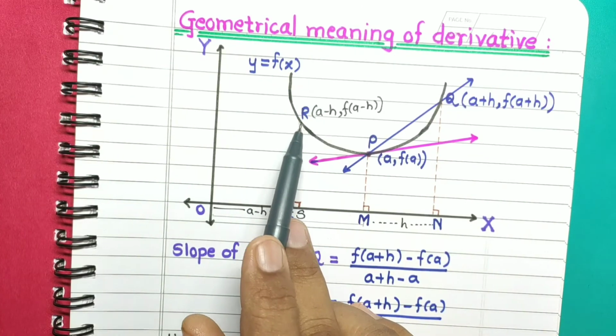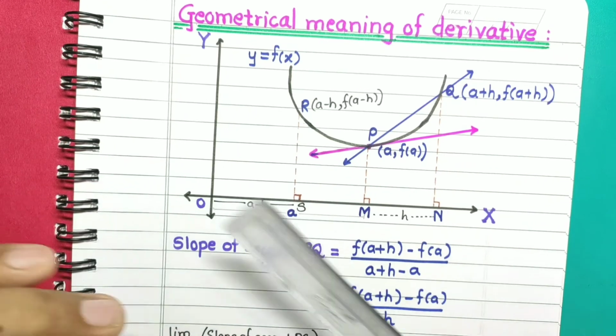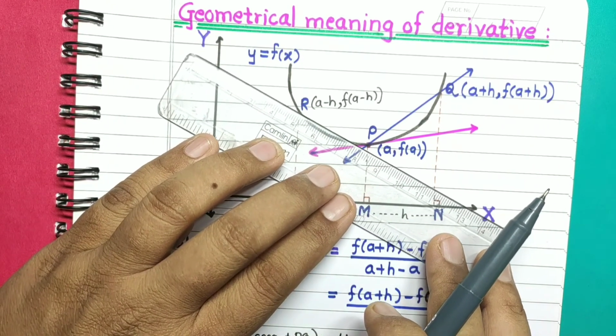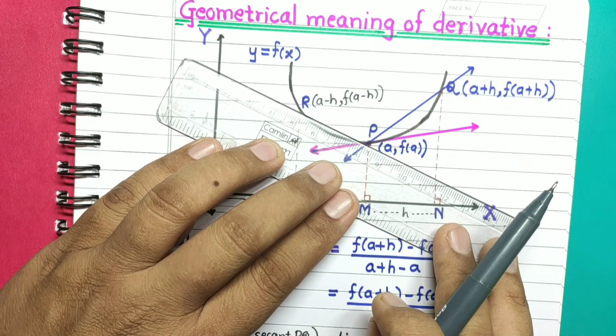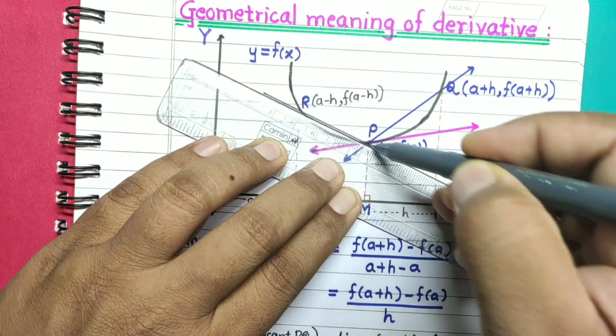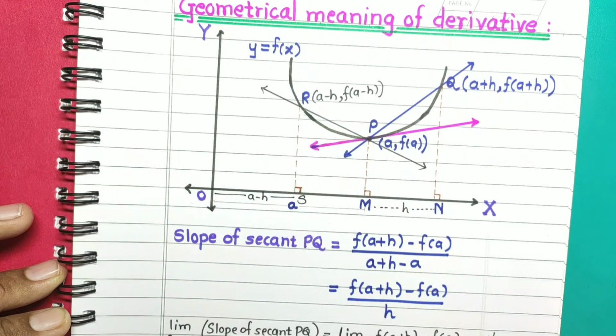And for these 2 points R and P, if we consider one secant passing through these 2 points, see, secant PR passing through points P and R on the curve.